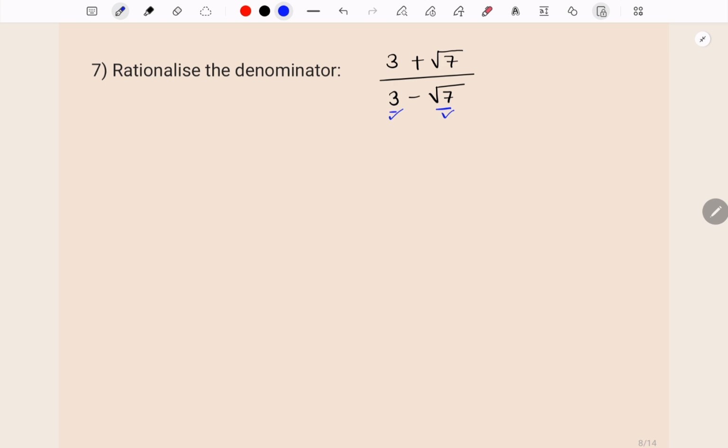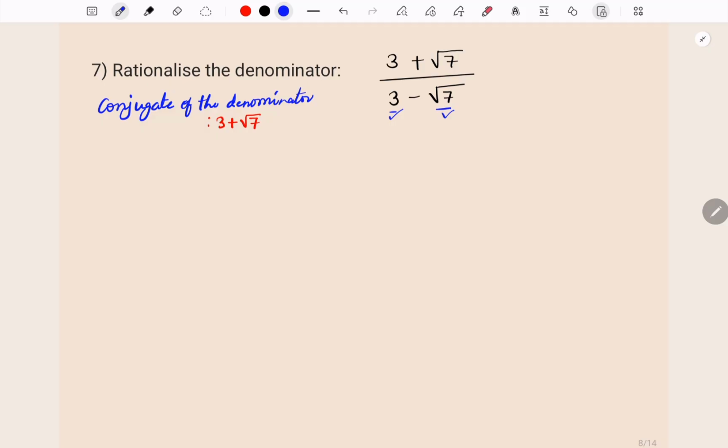To rationalize a two-term denominator, we first find the conjugate of the denominator. So the conjugate of the denominator is 3 plus root 7, right? Because the denominator is 3 minus root 7. So the conjugate would be 3 plus root 7.